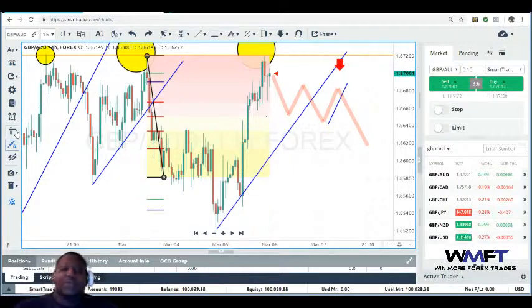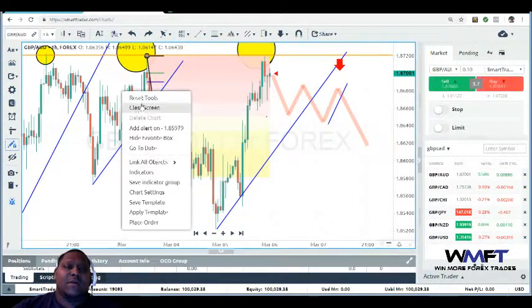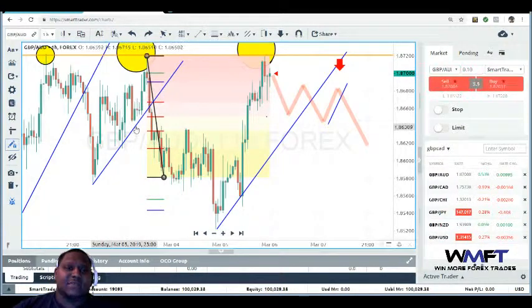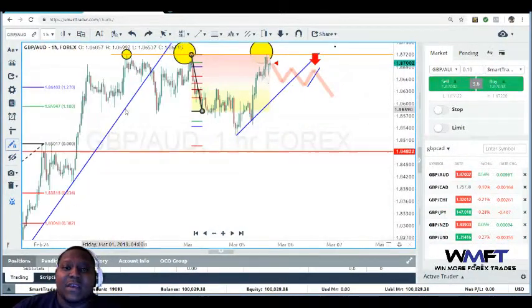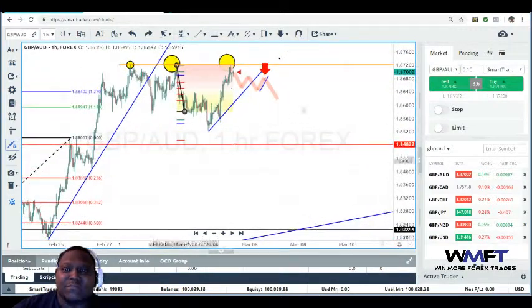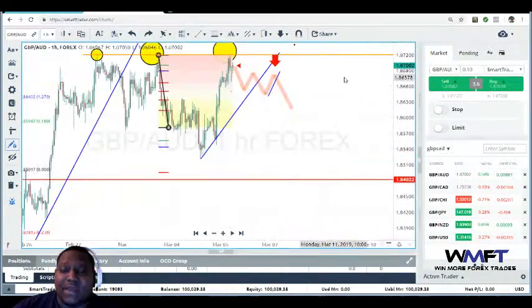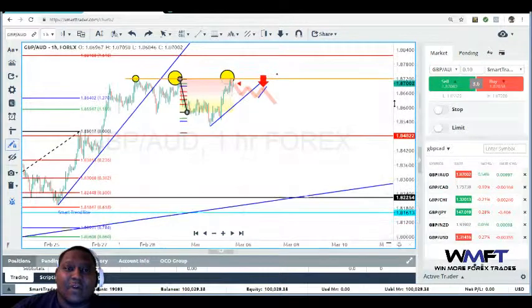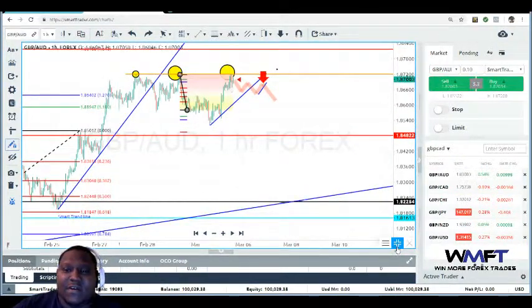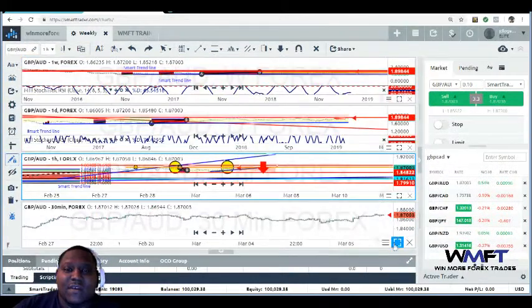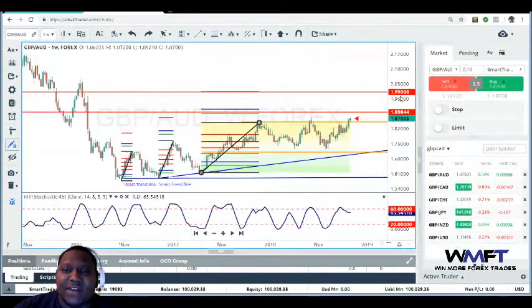So that's why I say you do want to be careful when it comes to the Great British Pound pairs, because they are very sporadic and they move hundreds of pips in a matter of days, or in a matter of seconds, however you want to put it. But GBP AUD, guess we're selling right now.